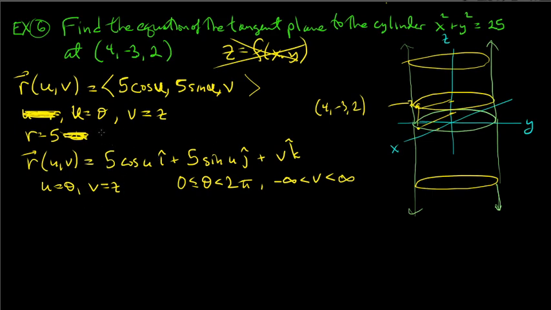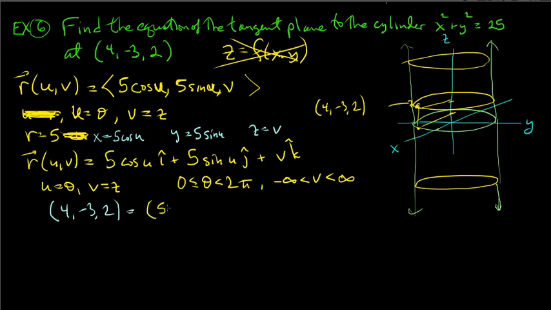Right, so this is just expressing that x is 5 times cosine of u, y is 5 times sine of u, and z, well, z is just v by definition. So we know the coordinates, right? 4, negative 3, 2.